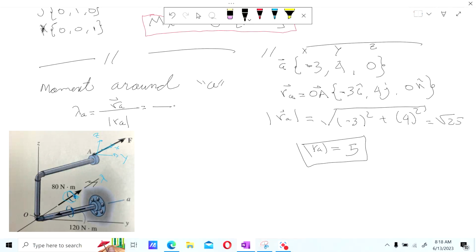And that is i, j, k. And we know that k is 0 because it's going to be 0 divided by 5. All right, but what is i and j? i is negative 3 divided by 5, and j is positive 4 divided by 5.